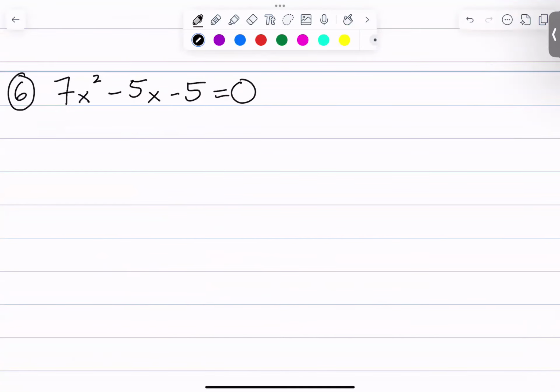This one, it's already equal to 0, so we're good. Multiples of 7. I'm going to try and factor it. 7 and 1. Multiples of negative 5 are 5 and negative 1, or negative 5 and 1. Doing this really quick in your head, can we ever get a sum of negative 5?